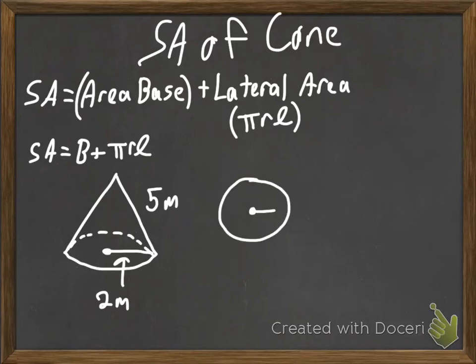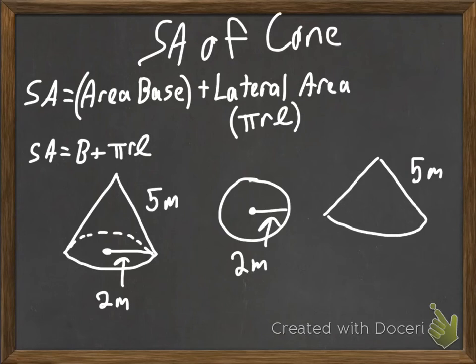I'm going to fill in what is the radius. It's 2 meters. I'm going to draw the lateral area. And I know the slant height is 5. The radius is 2. And then we're going to have a pi in there.